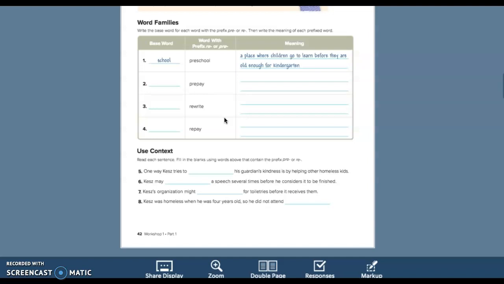He's not really paying anything, right? Well, he's not paying before. He is paying something. He's paying by helping other homeless kids. Rewrite his guardian's kindness? I don't think so. Or repay. Somebody did something for him, so he's going to repay the favor. One way Kez tries to repay his guardian's kindness is by helping other homeless kids.